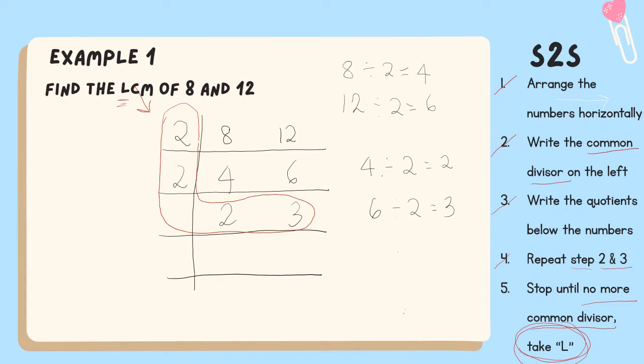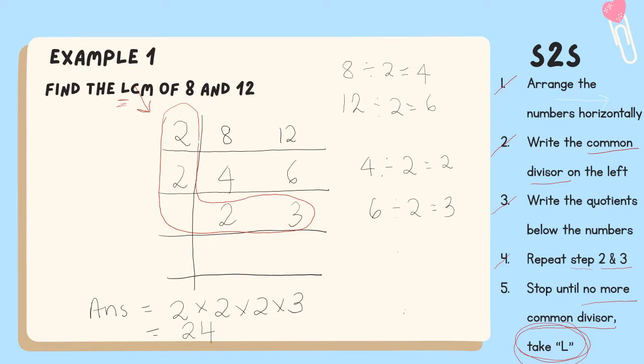And our answer is, you can write it down as 2 times 2 times 2 times 3, which is 2 times 2 is 4, 4 times 2 is 8, 8 times 3 is 24, which is the same answer as we got from the previous slide using the M method. So this is what we call the continued division method.